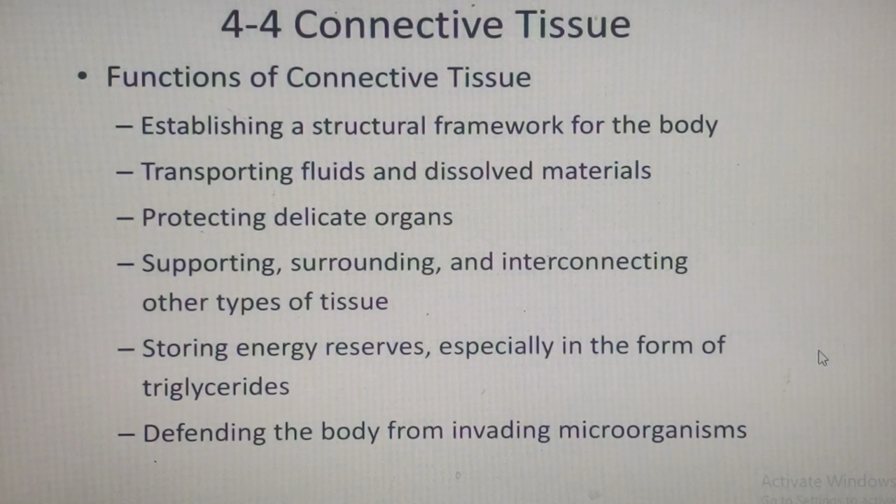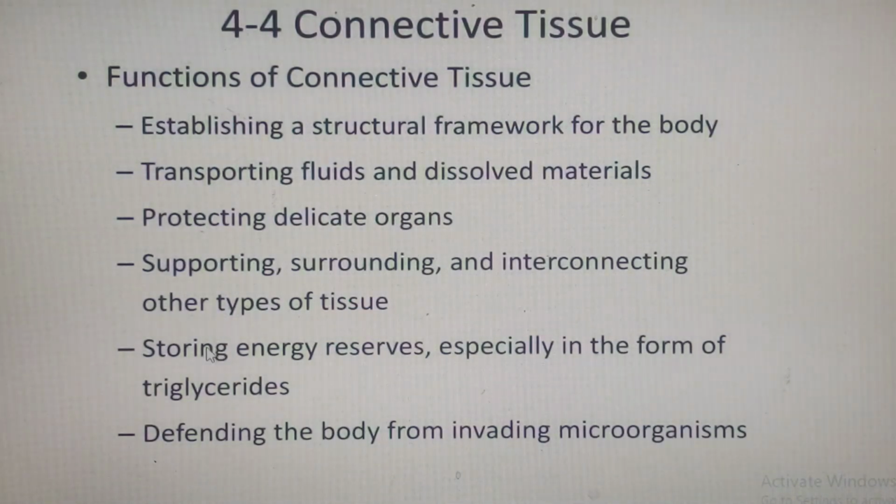By way of function, this loose connective tissue, areolar, will be very important in surrounding structures and connecting structures, providing nourishment. Generally, we know connective tissue types form the framework of the body. Transport medium, of course, blood doing that. Protection of delicate organs, like the bone, sometimes even the cartilage may also do that, but mainly bone.